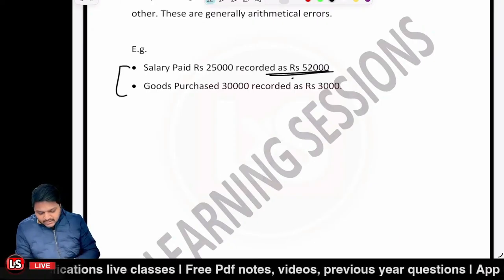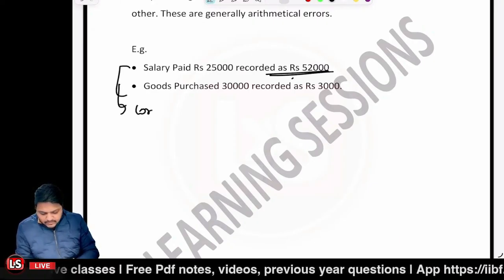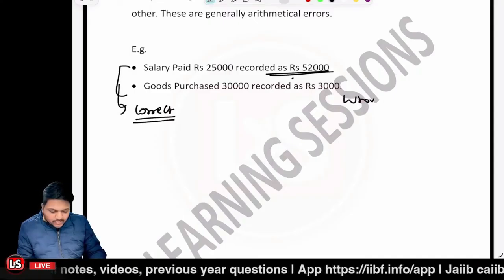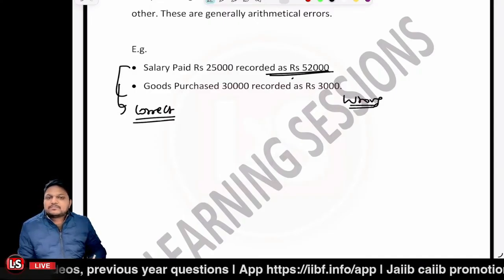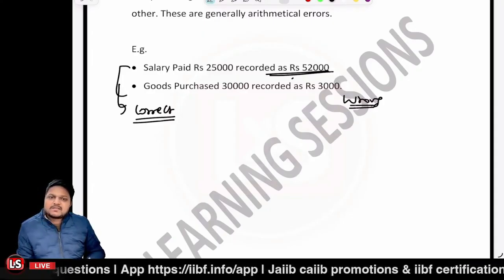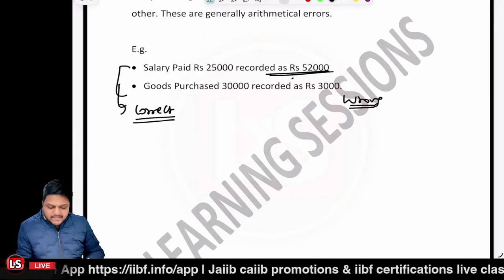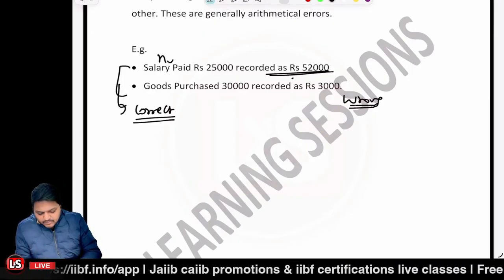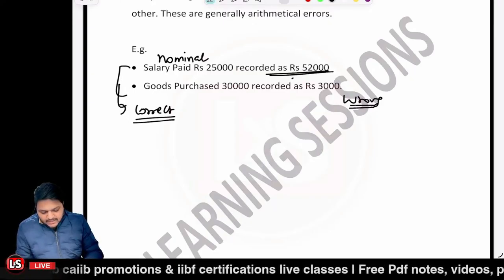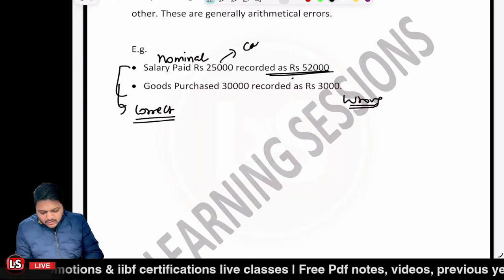So what was the correct journal entry? On this side, I'm going to write the correct, and on this side, the wrong journal entries. Salary paid is an expense, so it's a nominal account, and this would be related to cash account, which is a real account.